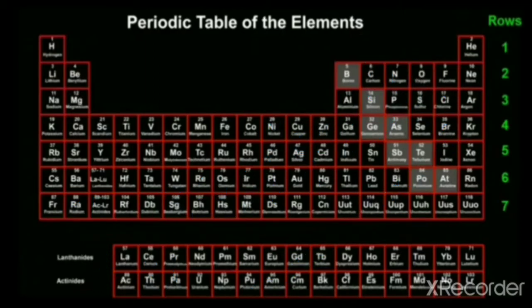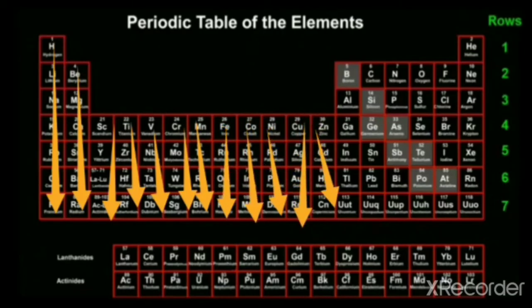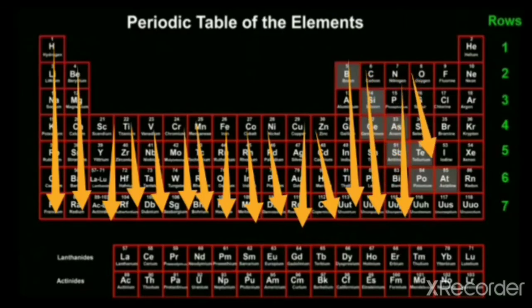In this, we also find some vertical columns. You can find vertical columns in the modern periodic table. This is a vertical column, second, third, fourth, fifth, sixth, 7, 8, 9, 10, 11, 12, 13, 14, 15, 16, 17, 18.